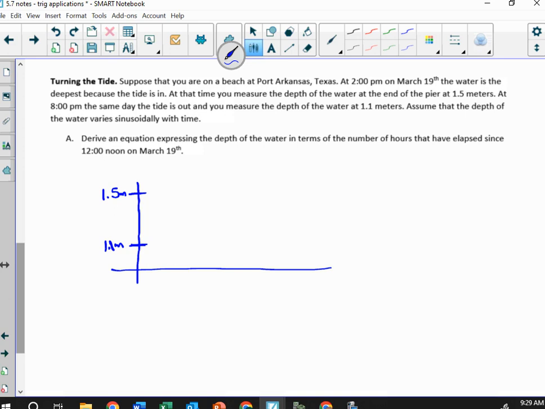My y-axis here, I'm going to say that's noon, 12 o'clock p.m., because that's when they said to start our equation from. We know at 2 p.m. this day, that's when it's at its maximum height. So I'm just going to make a little tick mark here for 2 o'clock and put a dot up here at 1.5 meters.